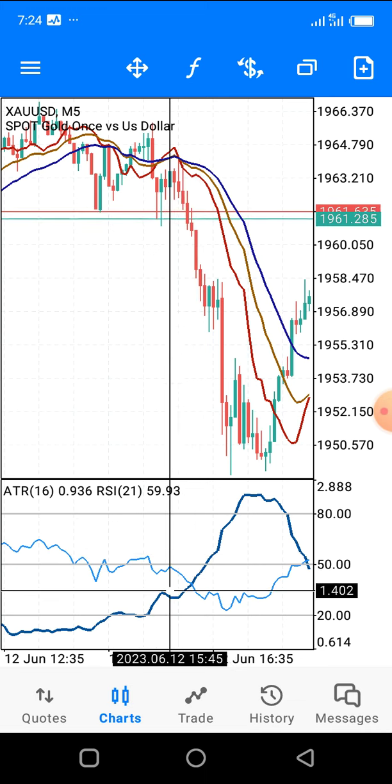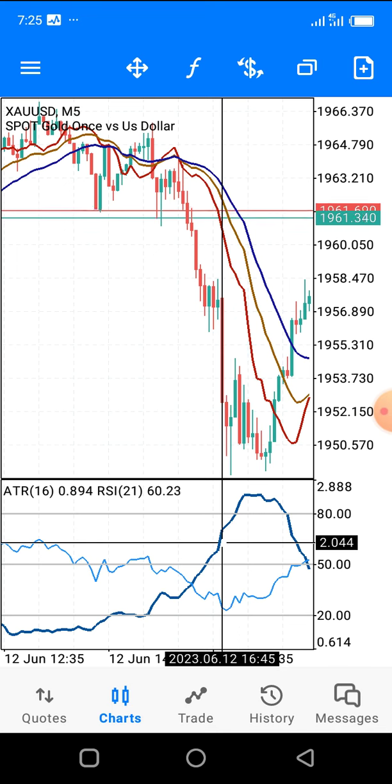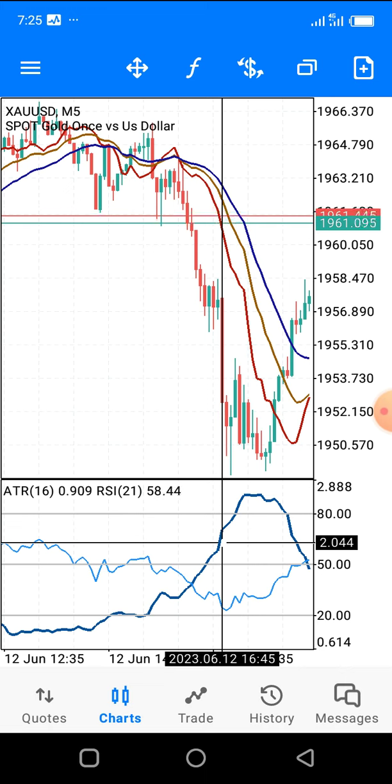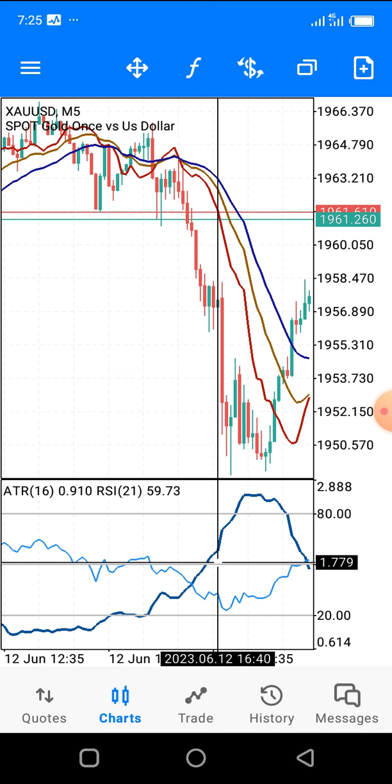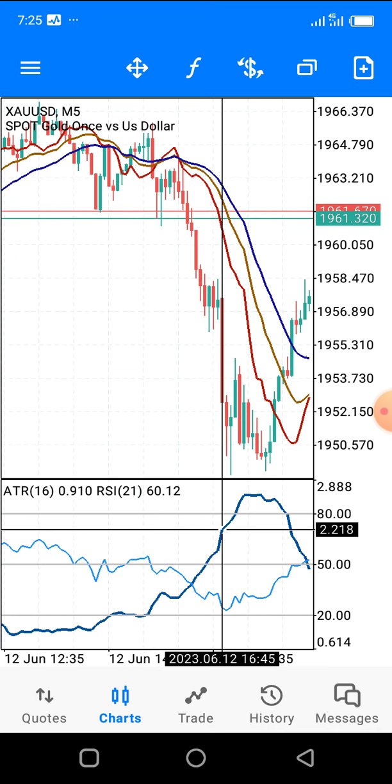Whenever this ATR, this thick blue line right here, is moving upward, it's telling you a strong volatility. So the market might be going downwards, and the downward move will be volatile. It might be going upward, and the upward move might be volatile. So it doesn't matter where the price is going. When the ATR is going upward, it's telling you a strong volatility, whether upward or downward.